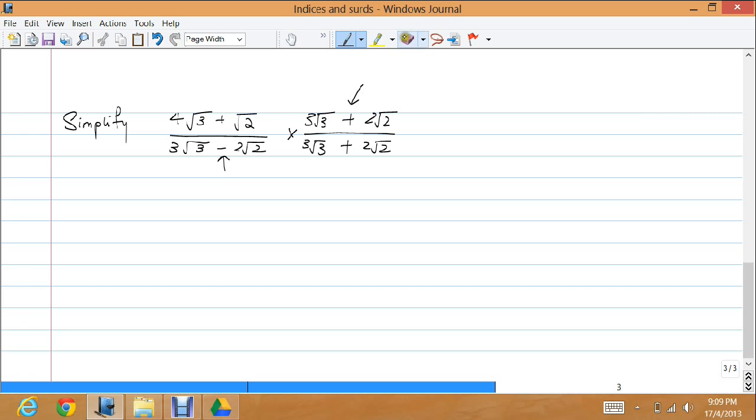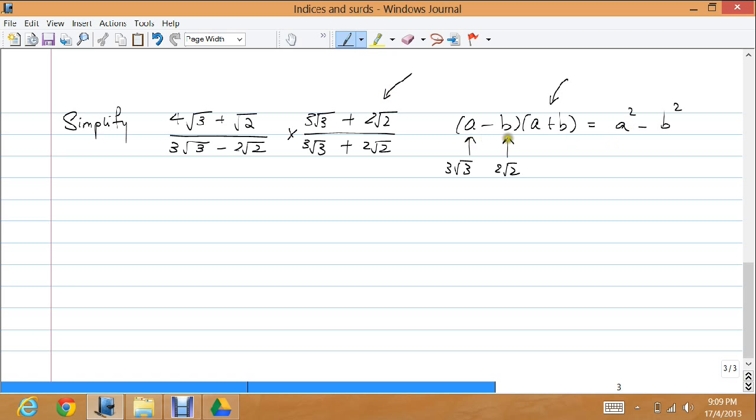Why? Well, we are banking on this rule for expansion: a minus b times a plus b is equal to a squared minus b squared. In this case, a is my 3 root 3 and b is my 2 root 2. And we introduce the a plus b term here.